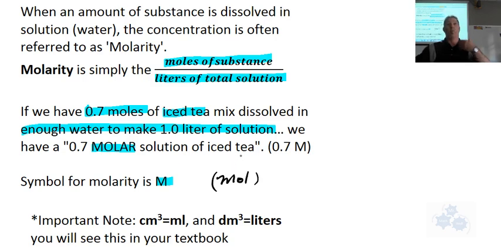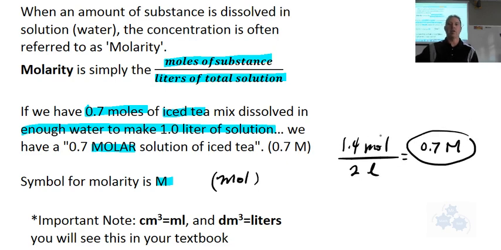So you could have 1.4 moles in 2 liters of water. You see, 1.4 moles in 2 liters of water equals a 0.7 molar solution. You see that? So it's the amount of moles, whatever it is, divided by the amount of liters, whatever it is.